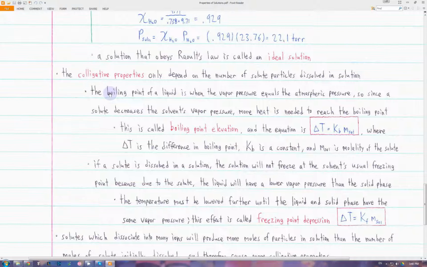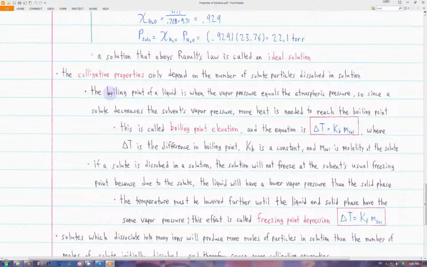The definition of the boiling point of a liquid is when the vapor pressure of the liquid state is equal to the atmospheric pressure. We just found out that a solute decreases the vapor pressure of the pure solvent.